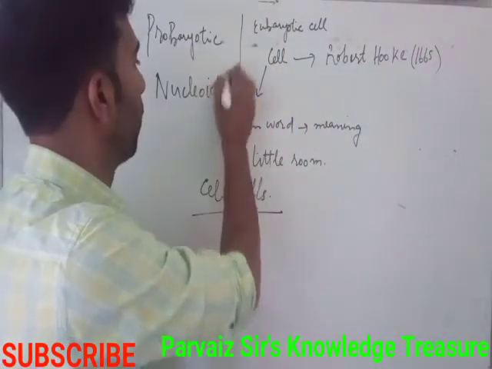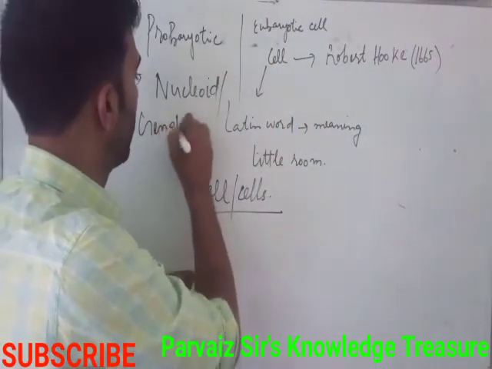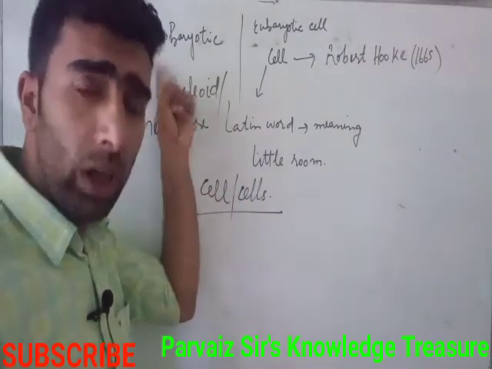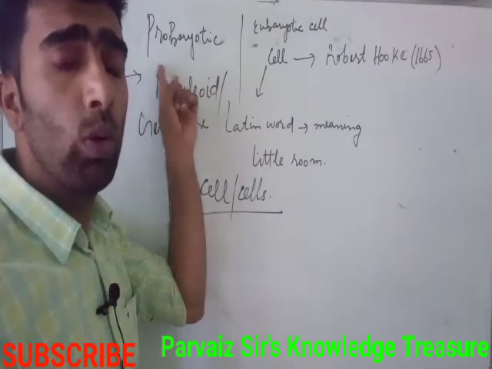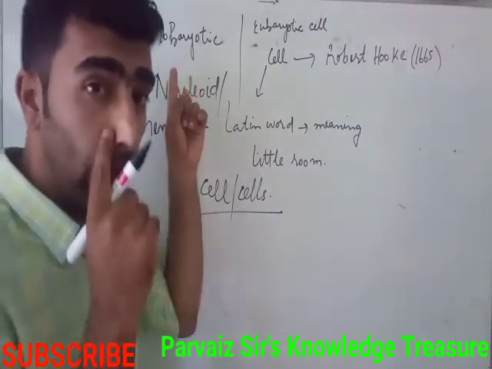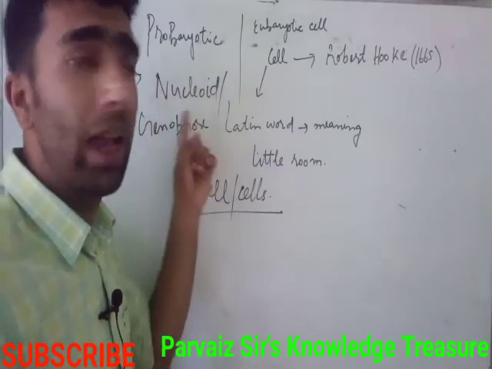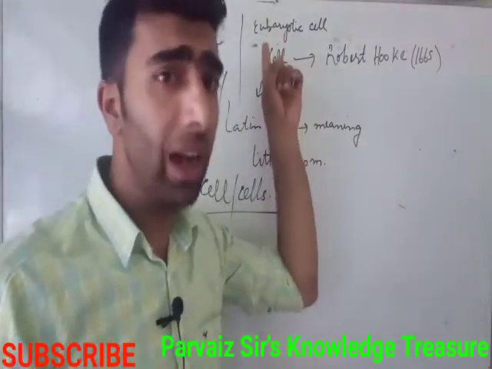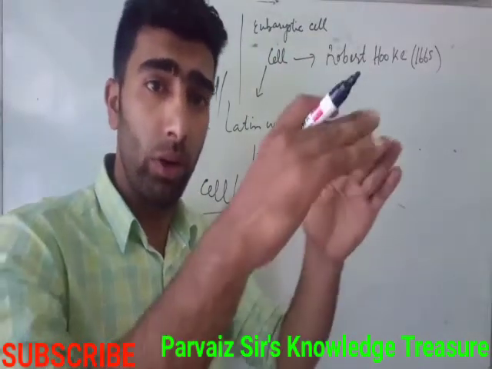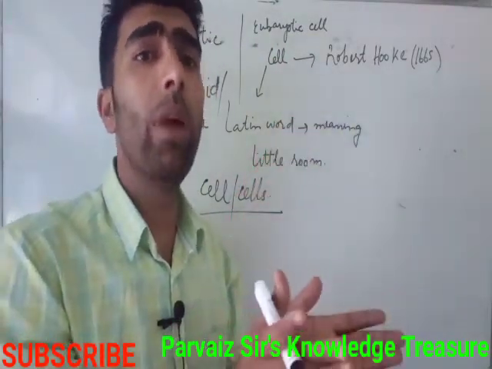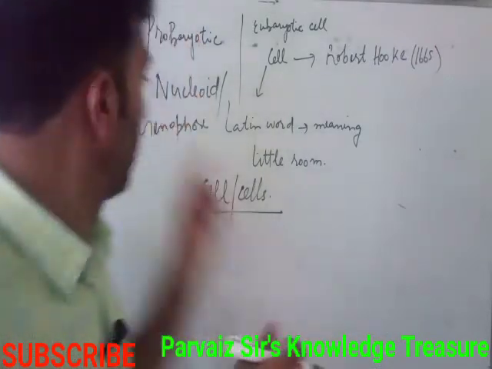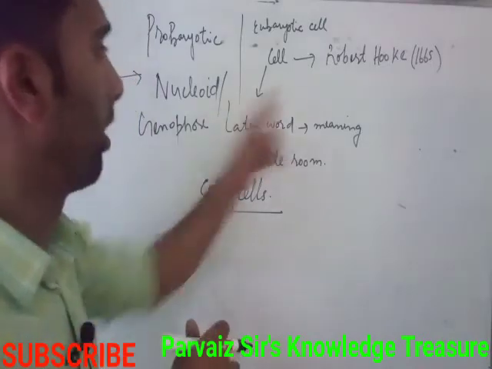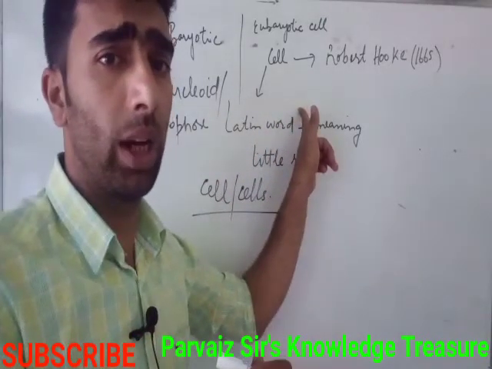The third difference is that in prokaryotes the nuclear region is poorly developed, without nuclear membrane, and is known as nucleoid or genophore. In eukaryotes the nuclear region is well developed and the nucleus is covered by a membrane called nuclear membrane. The fourth difference is that membrane bound cell organelles are absent in prokaryotes and present in eukaryotes.